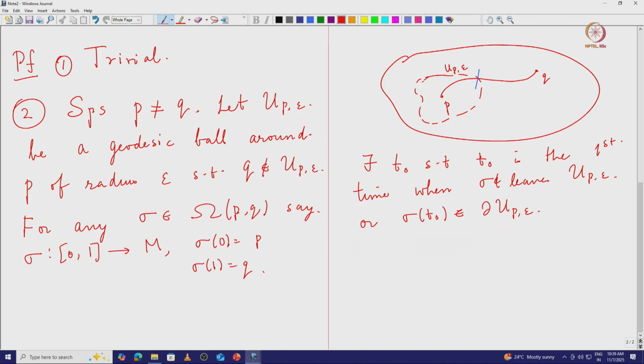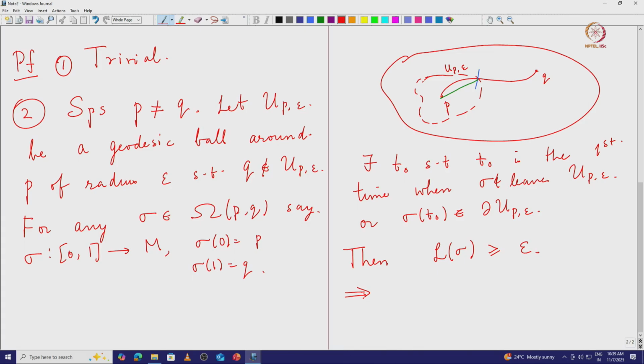But then we have already seen that the radial geodesic between these 2 points is going to be shorter. So clearly the length of sigma will be bigger than or equal to epsilon, but this happens for all sigma.